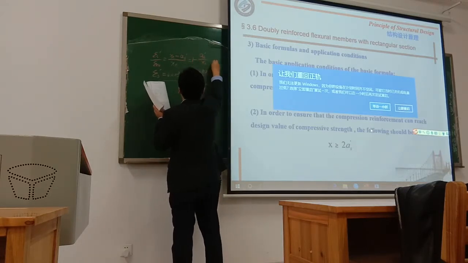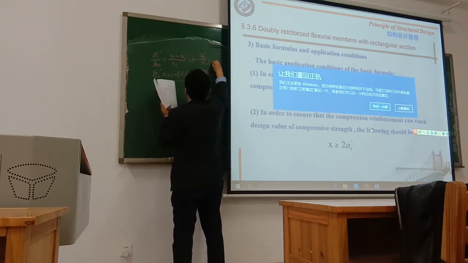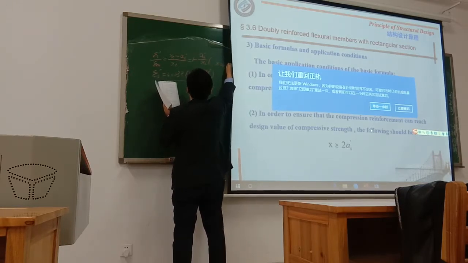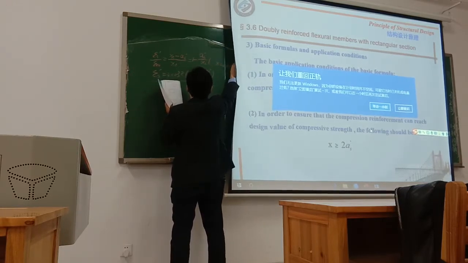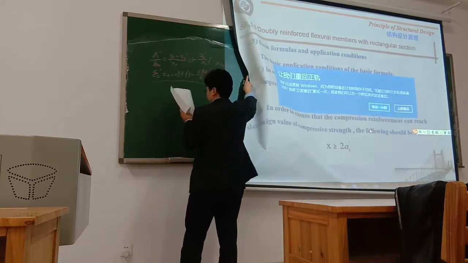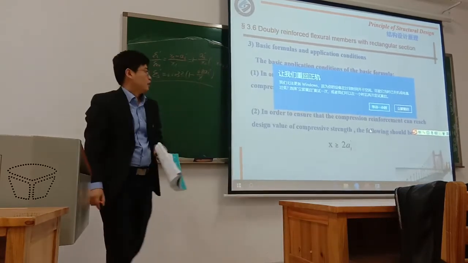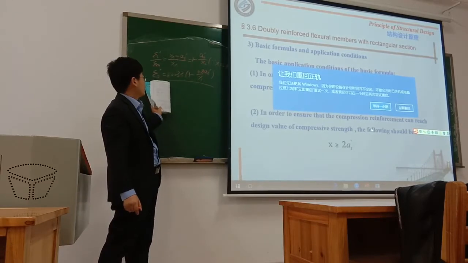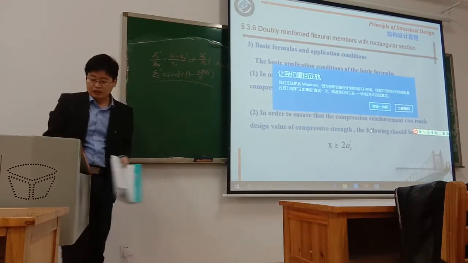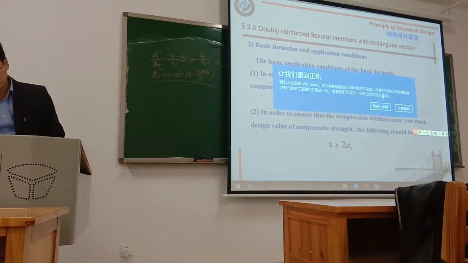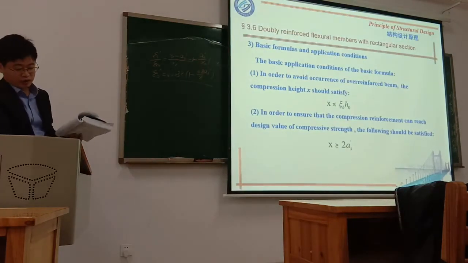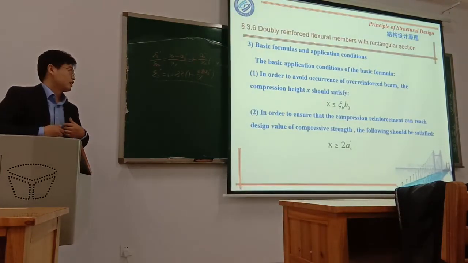And here we use it because X equals 0.8 XC. So see this equation, and remember why we say X should be larger than 2 times AS prime.